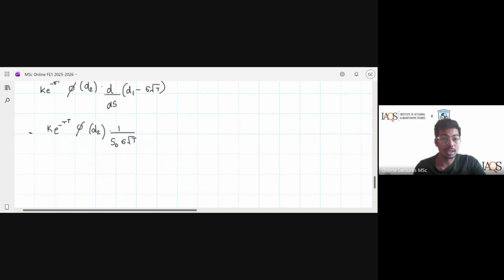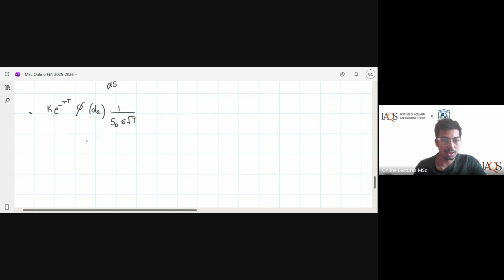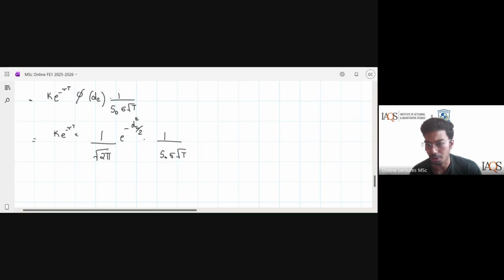Therefore, this equation is k into e raised to minus rt into phi of d2, so this will become 1 upon root 2 pi e raised to minus d2 square by 2 into 1 upon s0 sigma root t. I've just used the equation of the PDF of the standard normal distribution.